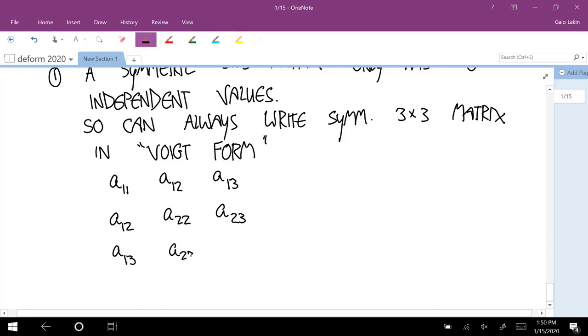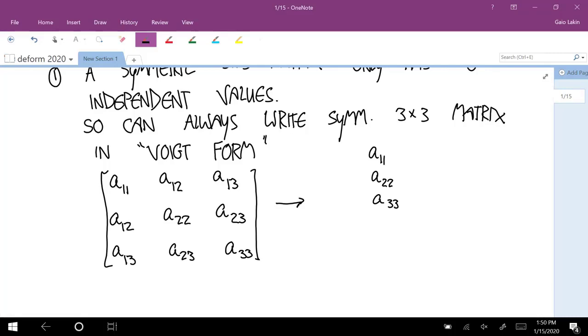This is A23. This is A33. The Voigt form is first the 3 diagonals in exactly the order you would expect, and then the 3 off-diagonals in exactly the opposite order you would expect. Why they do that, I don't know.